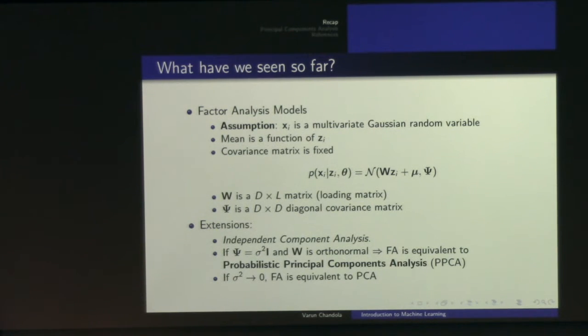Then I also briefly mentioned that factor analysis can be thought of as this root concept, and if you put certain constraints on it, it looks like some other models that have been independently developed. For example, if we do not have a Gaussian distribution for zi's, then it becomes what we call independent component analysis. We will not look at it in this class.